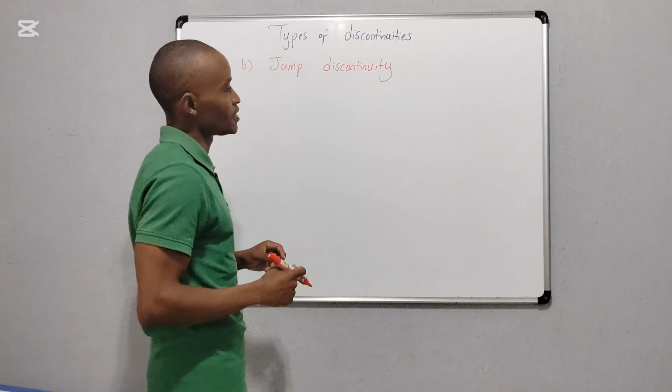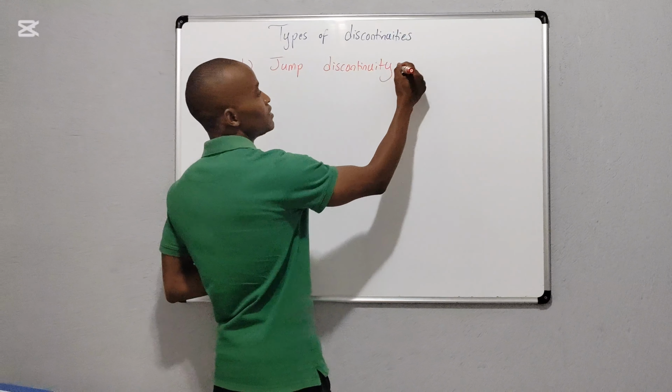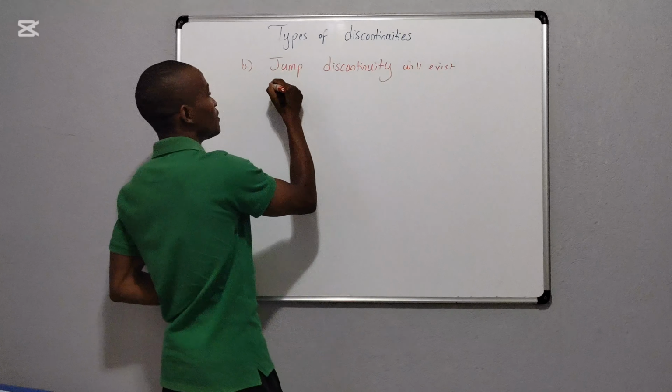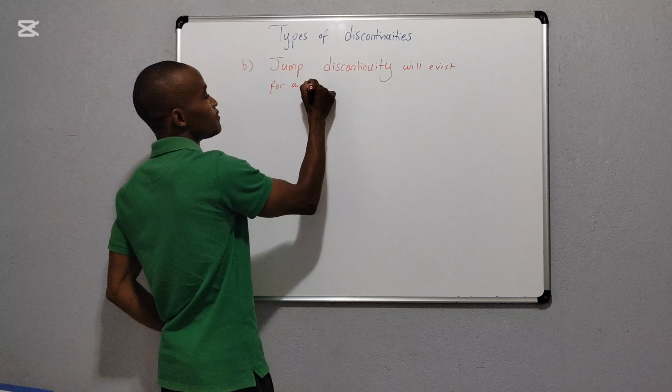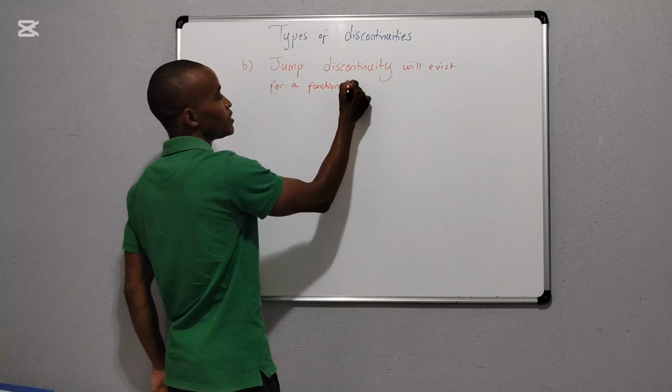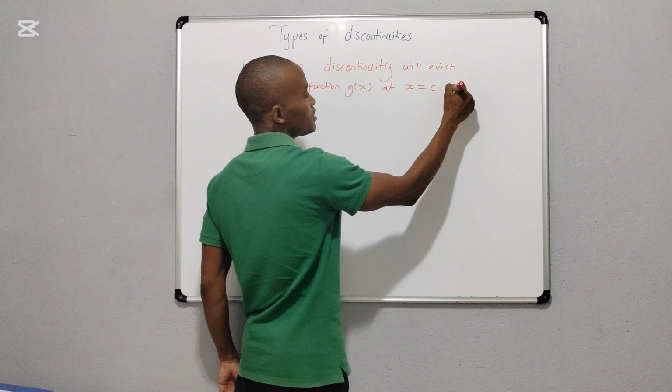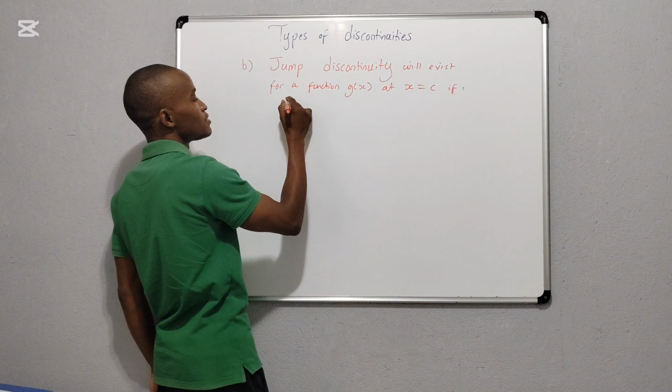Let us start with the definition. A jump discontinuity will exist for a function g of x at some point x equal to c if the following happens.